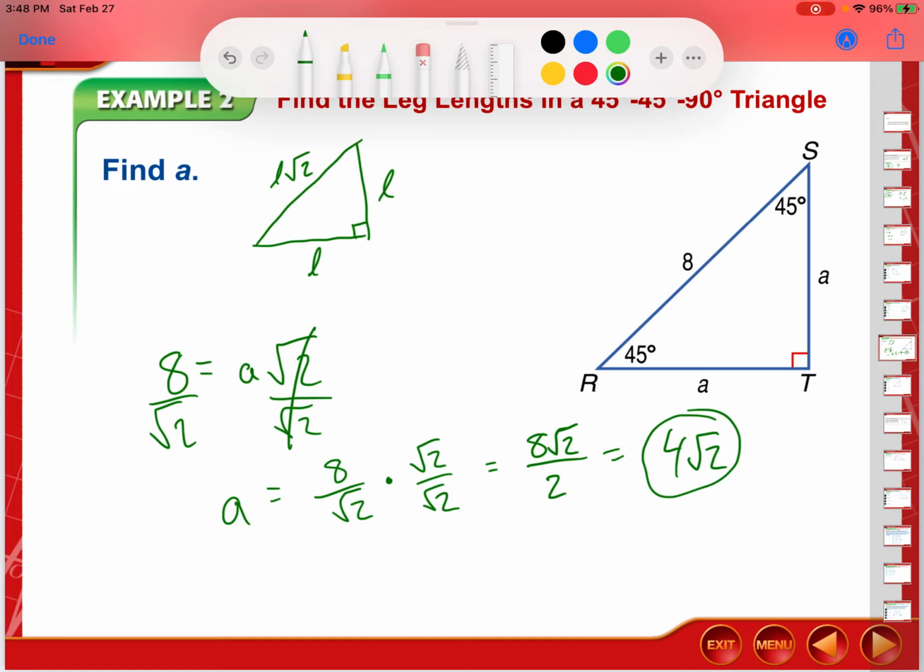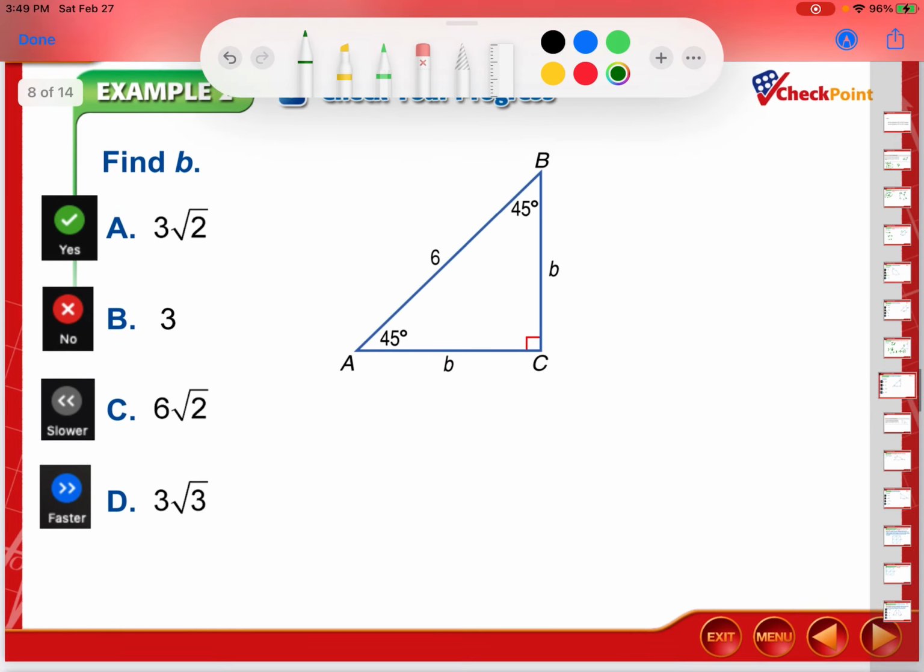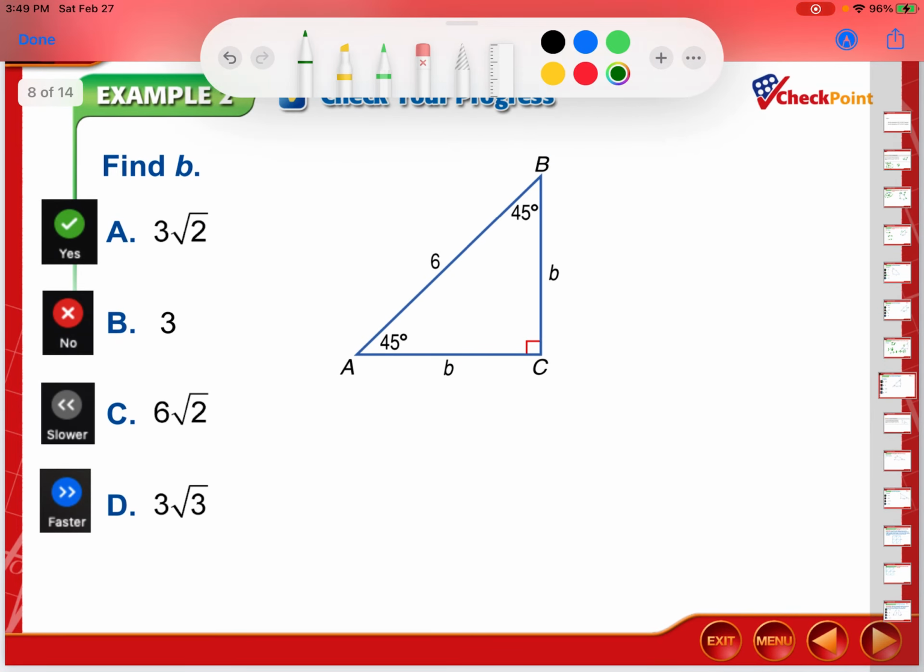Now, my trick for this, if you notice, our whole number was 8. 8 divided by 2 is 4, so it's 4 root 2 for each side length. So as a rule of thumb, I would just divide my hypotenuse by 2, times it by root 2, and that would be my general rule. Just to save time, but you can work it out longhand mathematically as well.